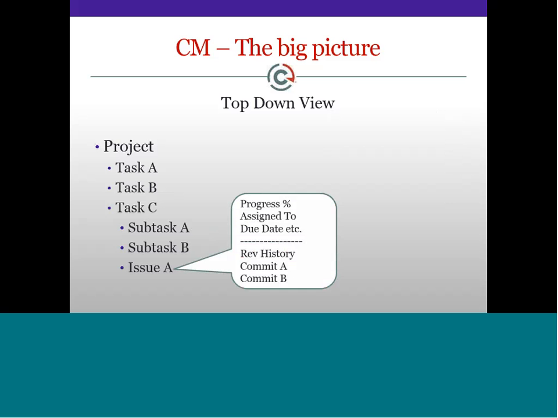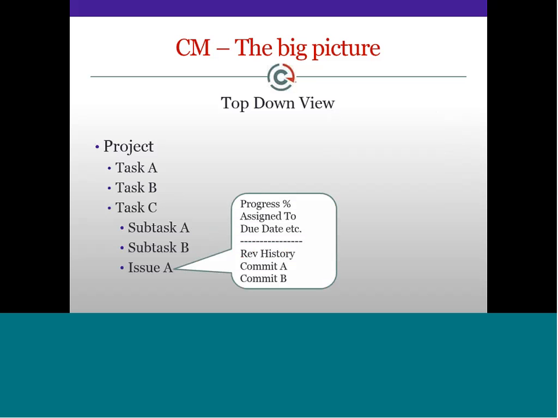Now that issue, if you notice, looks very similar to a task. It will have all the same attributes. It would have everything similar to what the task had. It would have a rev history which indicates what got changed, who changed it, and all that kind of stuff.